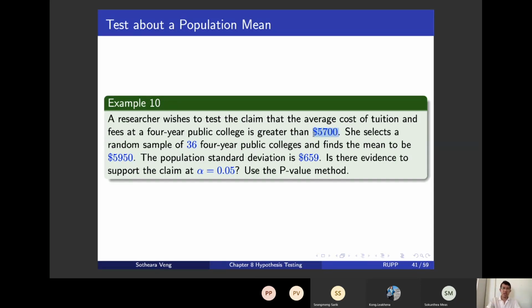She selects a random sample of 36 4-year public colleges and finds the mean to be this. Actually, this is the sample mean, because it is calculated based on this sample, right? And we know the population standard deviation is this. And the question is: is there evidence to support the claim at this significant level? And we are required to use the p-value method.